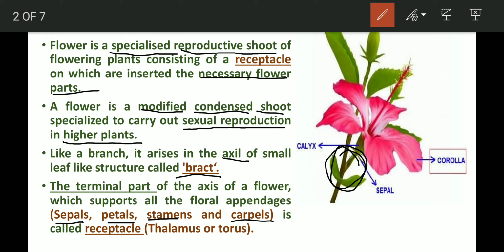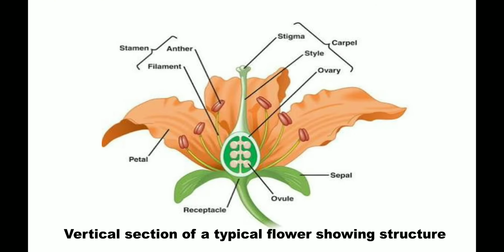That portion which is holding all these parts is called the receptacle, or we call it the thalamus or torus. Now here is the vertical section. When we cut the flower, when we observe a flower vertically, how does it look? So here is the vertical section of the typical flower.